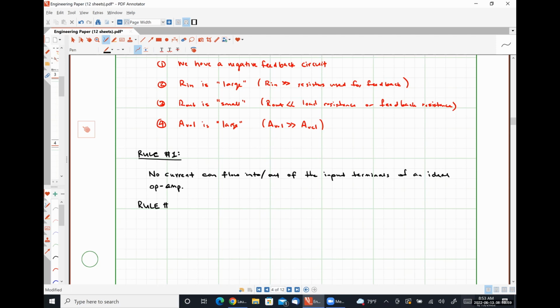Rule number 2 comes from our voltage constraint equation.